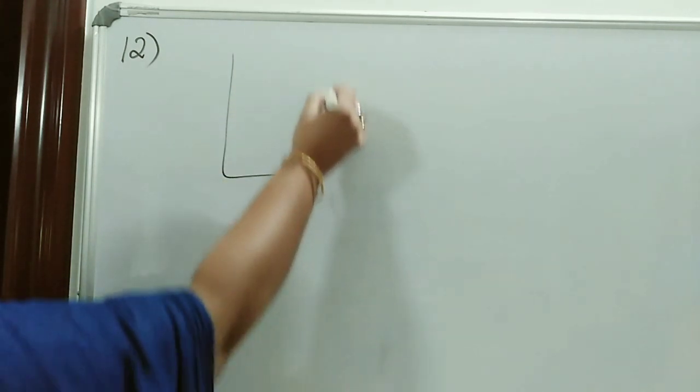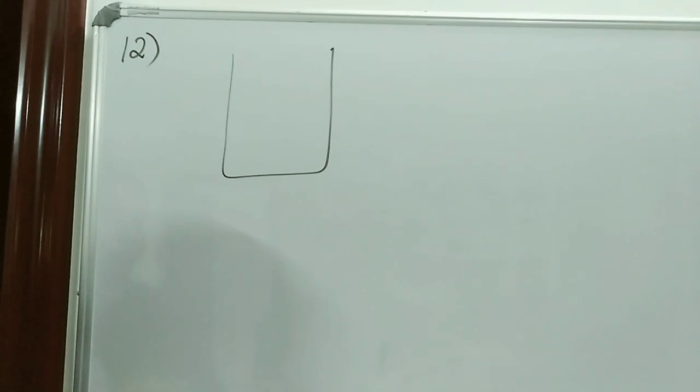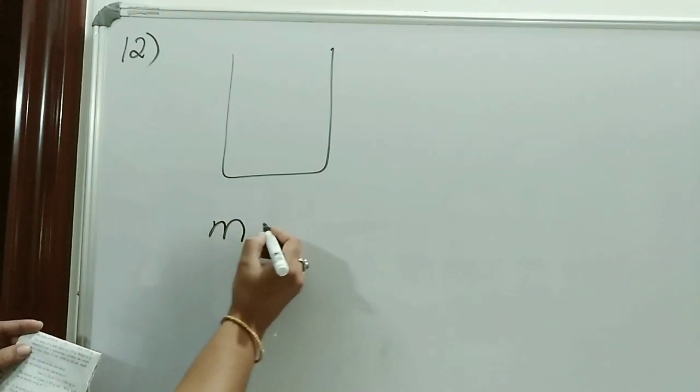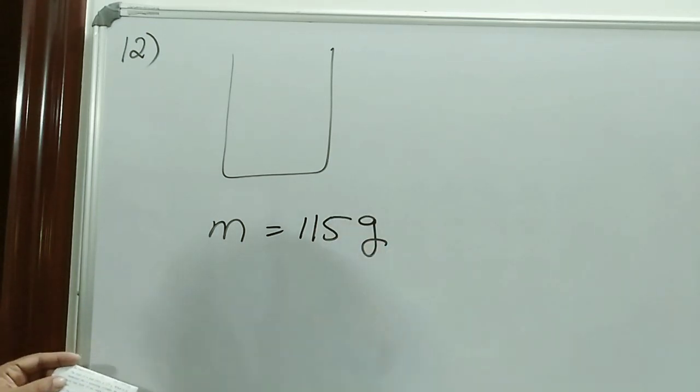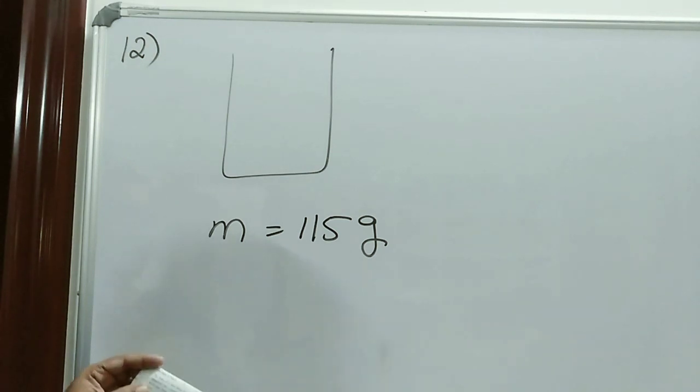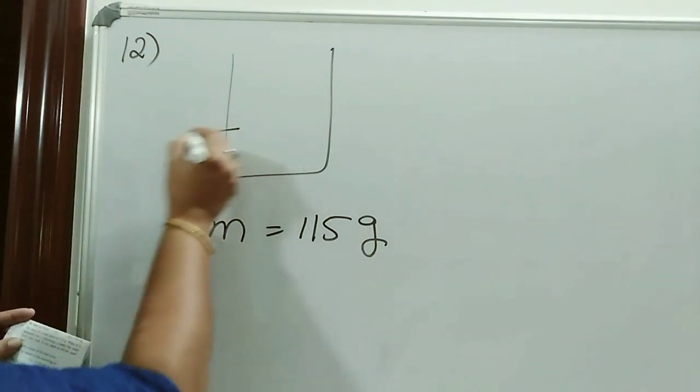Question number 12. Here also we are using the measuring cylinder to find the volume. The mass of a lead piece is given as 115 gram. When it is immersed into a measuring cylinder, the water level rises from 20 ml.